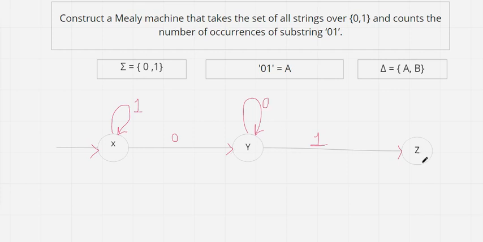Now I'm moving to the Z state. If you look into the Z state, I am not having a single transition for the inputs 0 and 1.